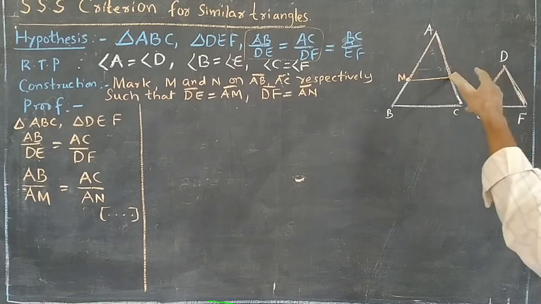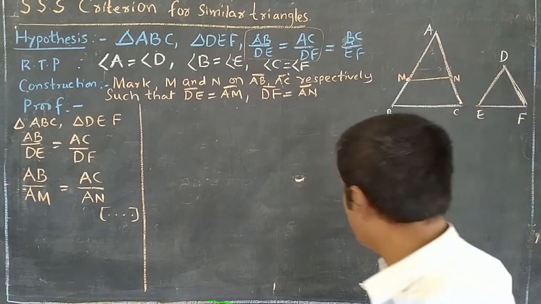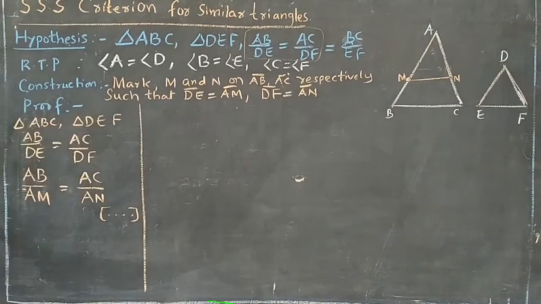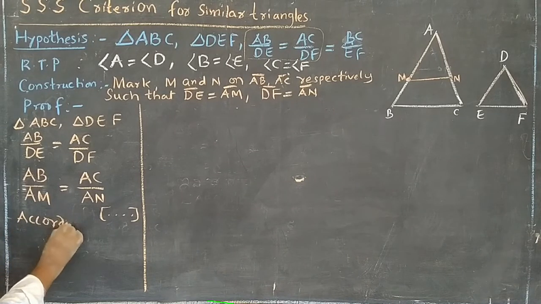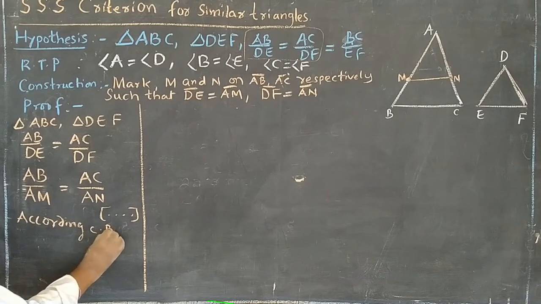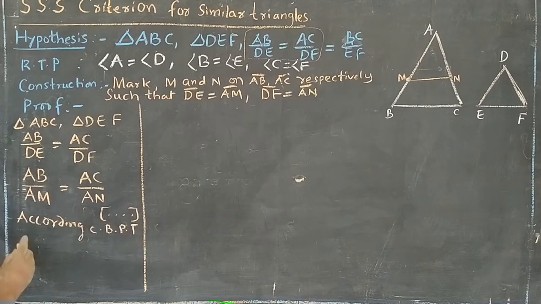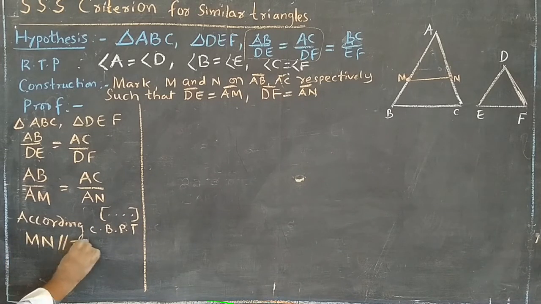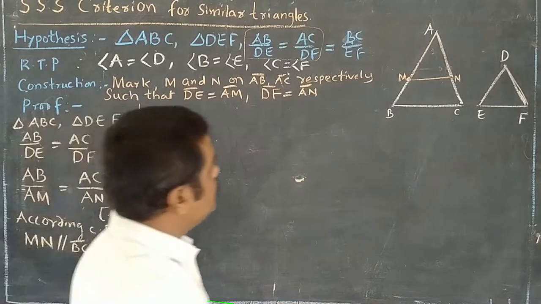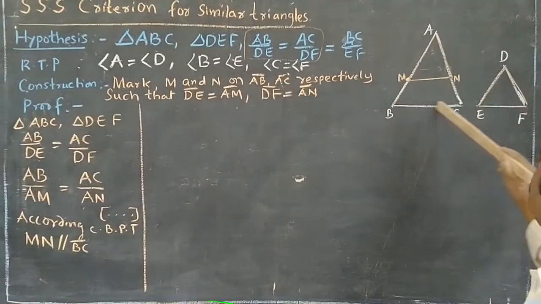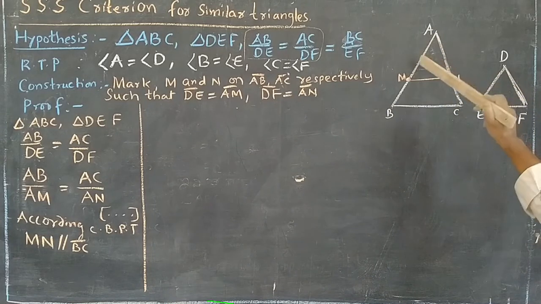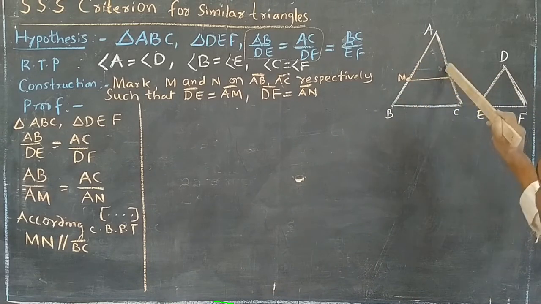AB by AM, AC by AN. Oh, according to the converse of the basic proportionality theorem, we have to say MN is parallel to BC. When MN is parallel to BC, these two lines are parallel, and AB and AC are transversals, which means automatically the corresponding angles are equal.